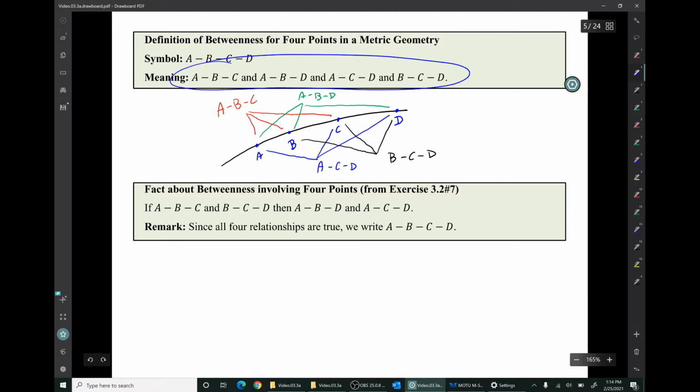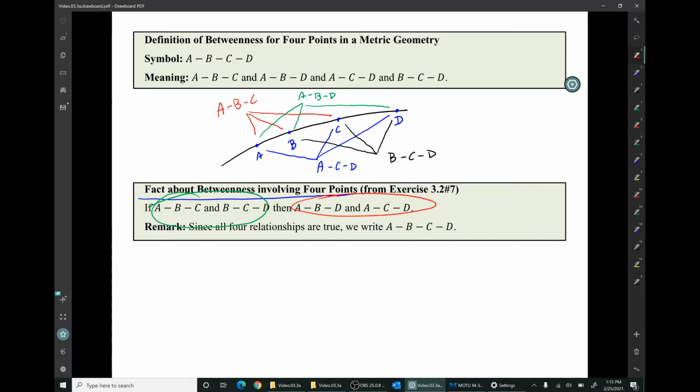Now this illustration is kind of clumsy, but the same illustration style can be useful. For instance, illustrating this fact about betweenness involving 4 points. If 4 points have those betweenness relationships, then they also have this betweenness relationship.